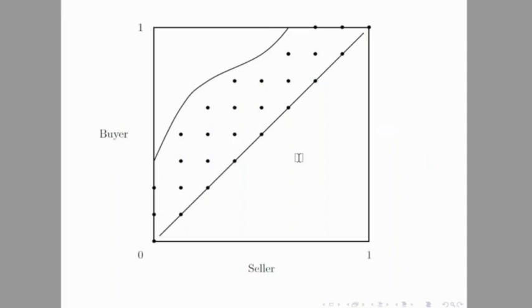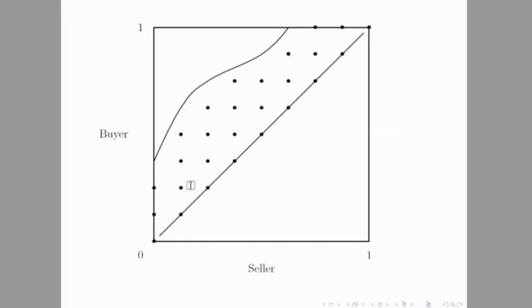Let me give you a very brief intuition of how that can be done. It all boils down to the posterior beliefs generated by a mechanism. Suppose that we implement a second best mechanism. Then in the area in here, like the dots that I have drawn here, trade should not take place.